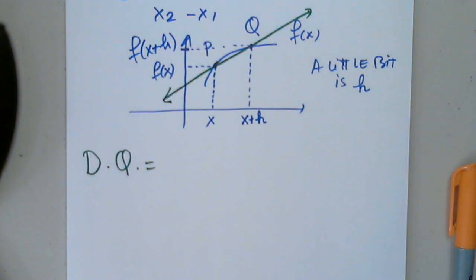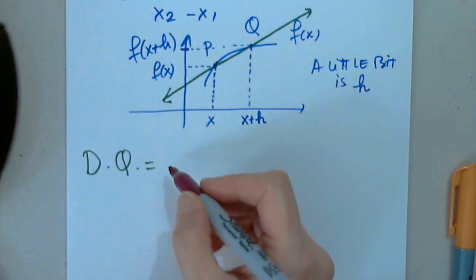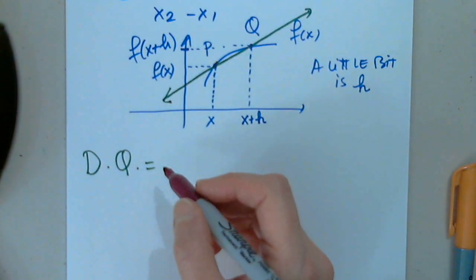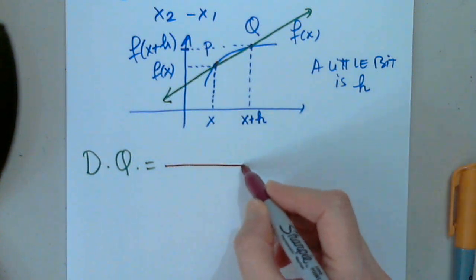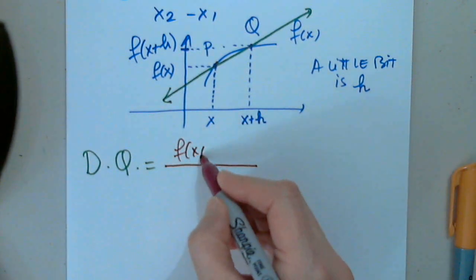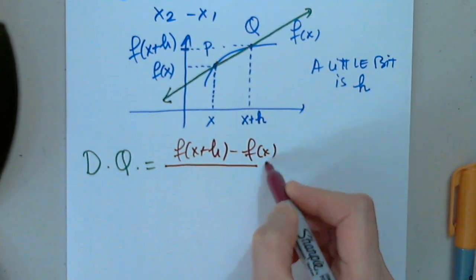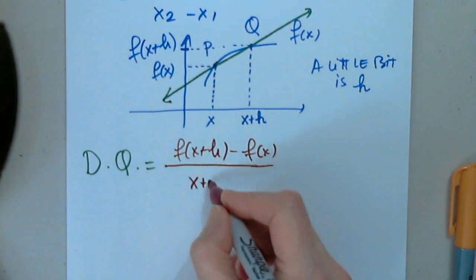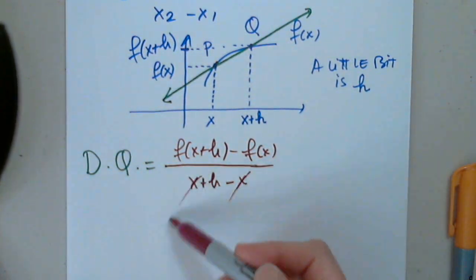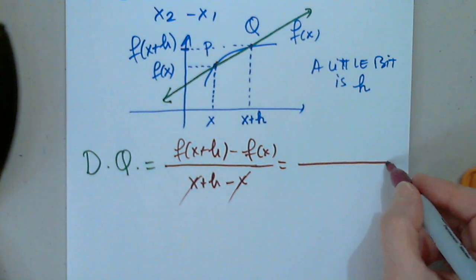Can anyone now give us the slope of this line? It's the same formula. Yes? It'll be f of x plus h minus f of x over x plus h minus x. Brilliant. And of course, these two go away. So this is our difference quotient.